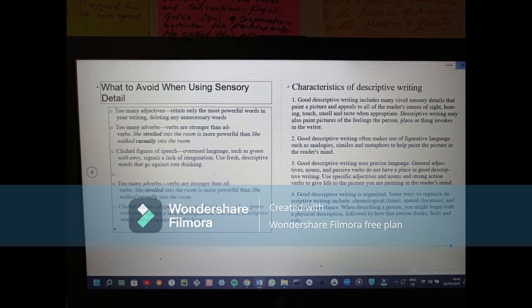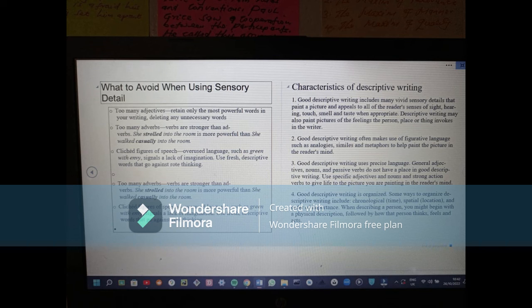And fourthly, good descriptive writing is organized. Some ways to organize good descriptive writing include moving chronologically, that is from specific time to time, spatial organization, that's by location, and maybe you can bring in ideas in order of importance in your text.